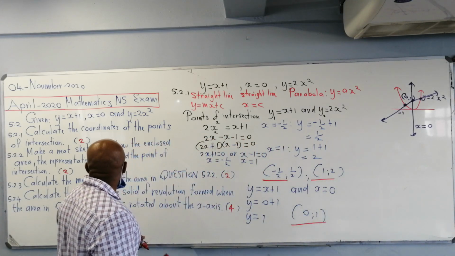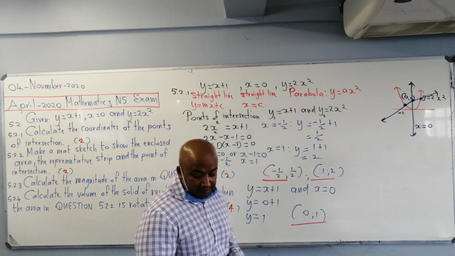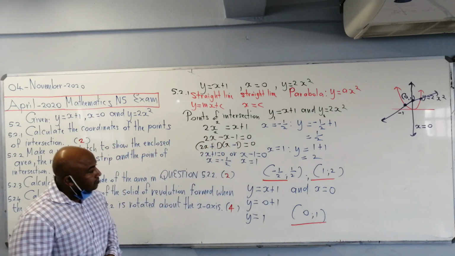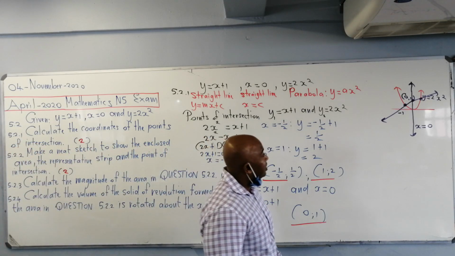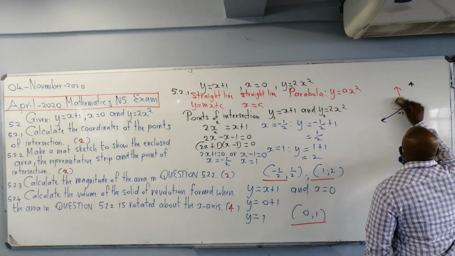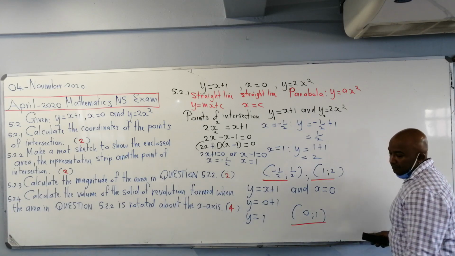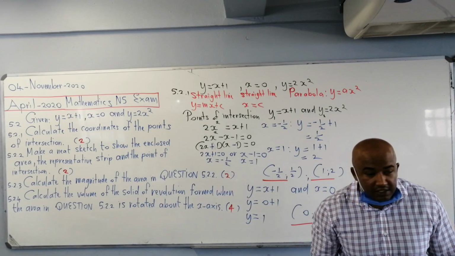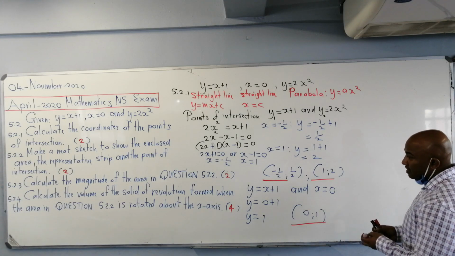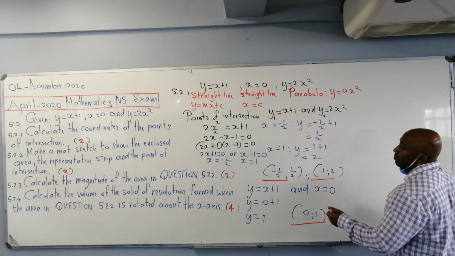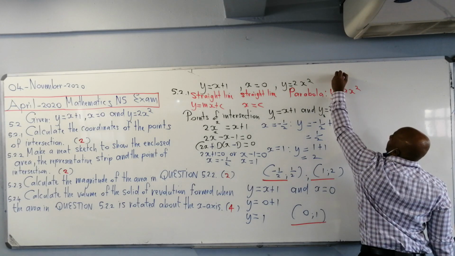Okay, because we are given 3 graphs. Now, let's make a larger sketch of what we have here. So that was just 2 marks. So that's 5.2.1, 5.2.2 now.